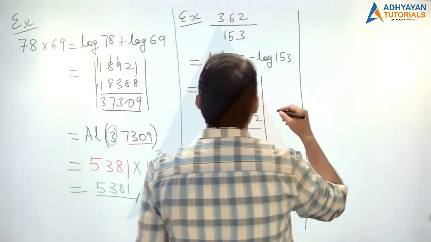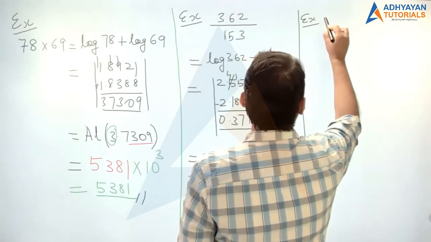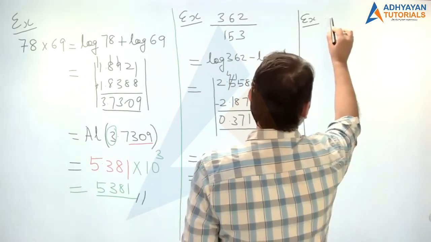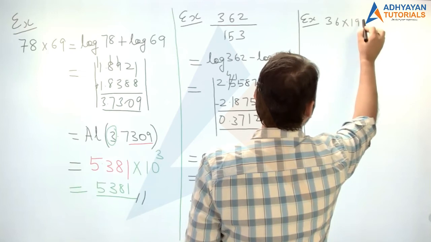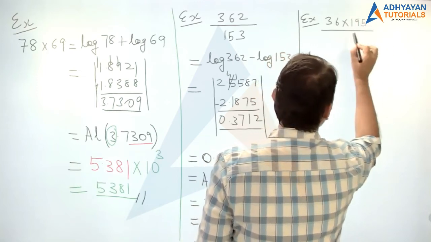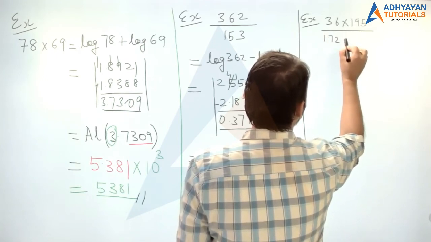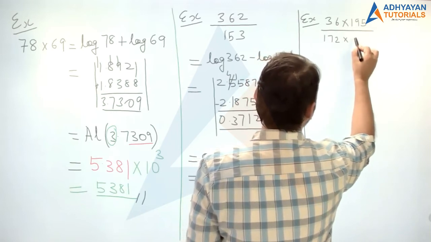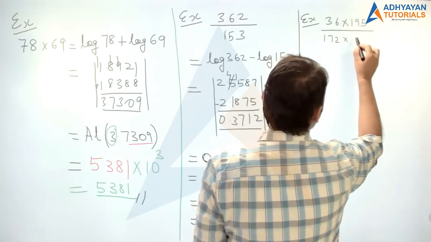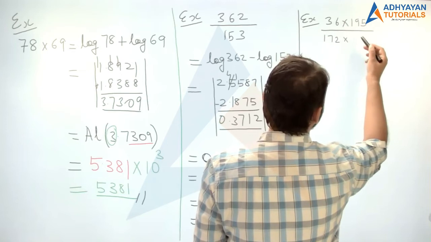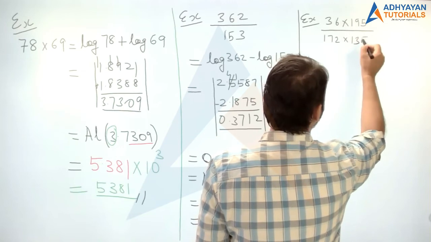Moving it a little more deeper, I will take another complex question. I will just increase the complexity a little bit more. Let us make it 36 into 195 divided by, let us say, 172 into, okay, let us take some bigger numbers, into 135.